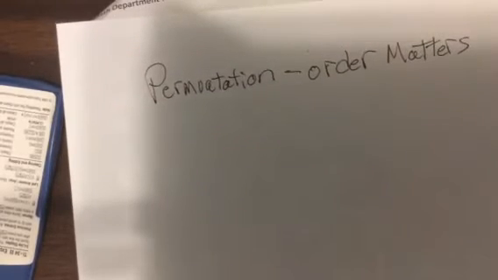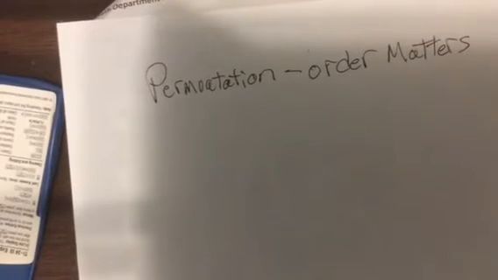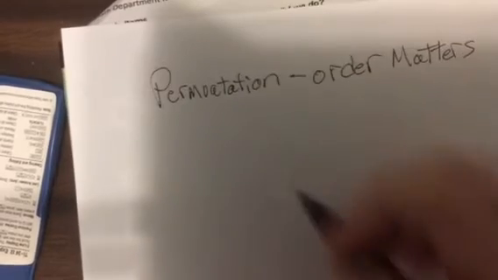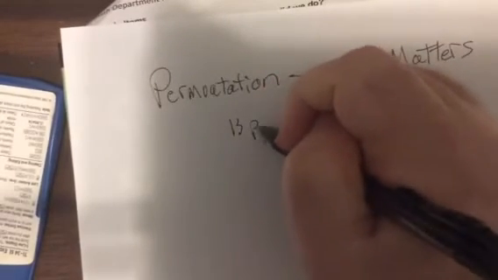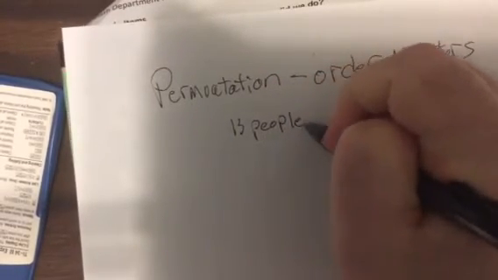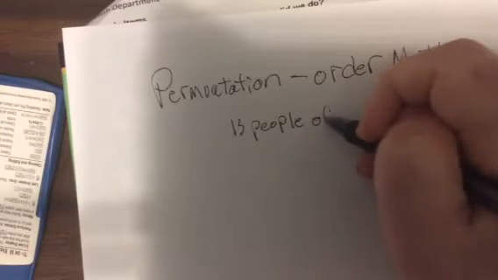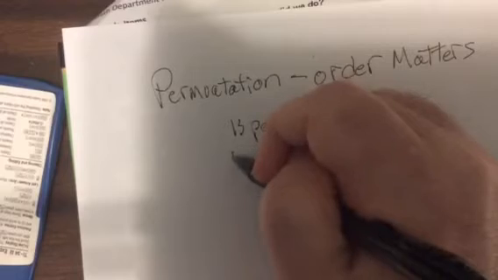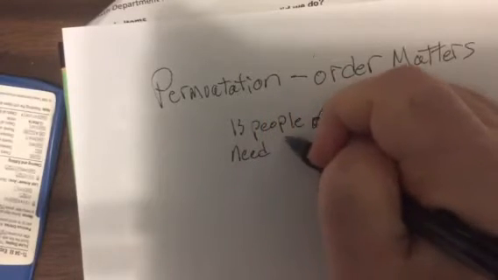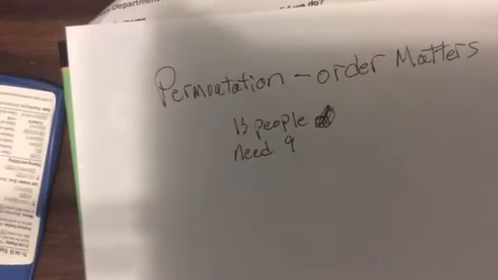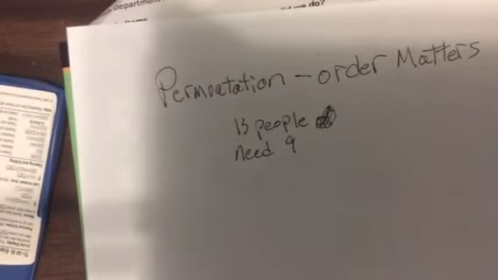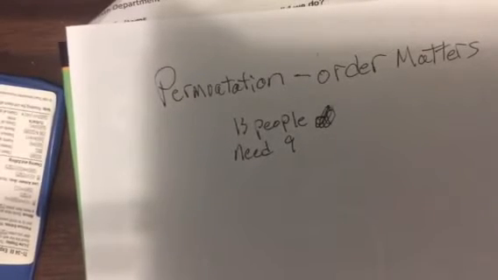So for example, let's look at a coach, softball or baseball, and they have 13 people on a team, and they want to make a baseball lineup of 9 people. Let's do it this way. Need 9. Now, order matters because the person that bats first is different than the person that bats second.